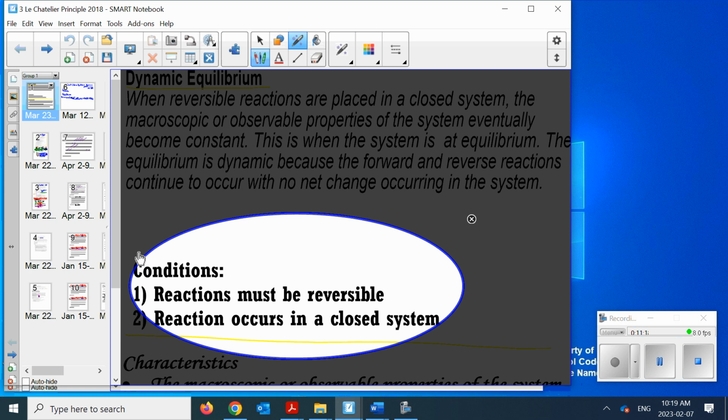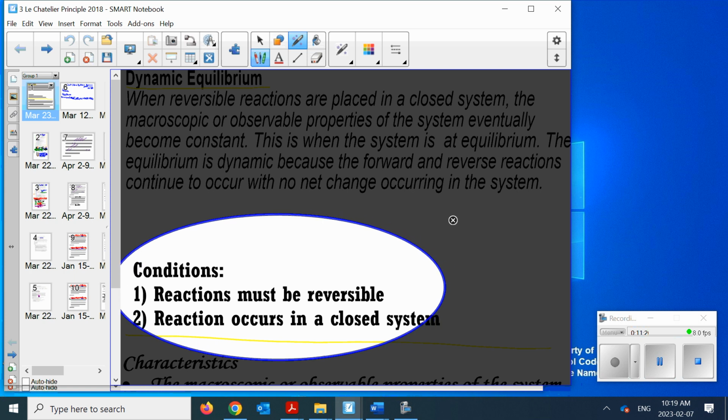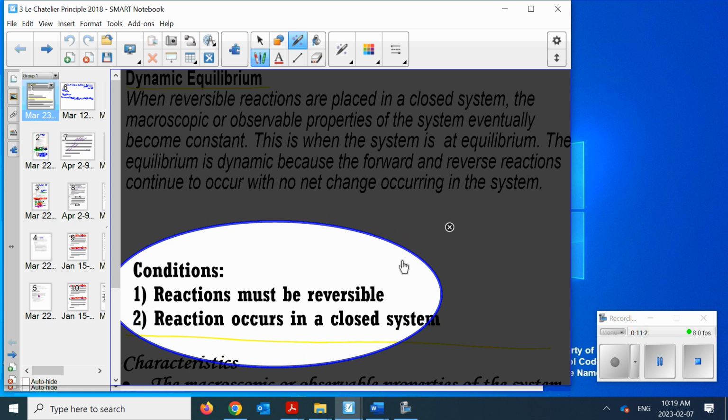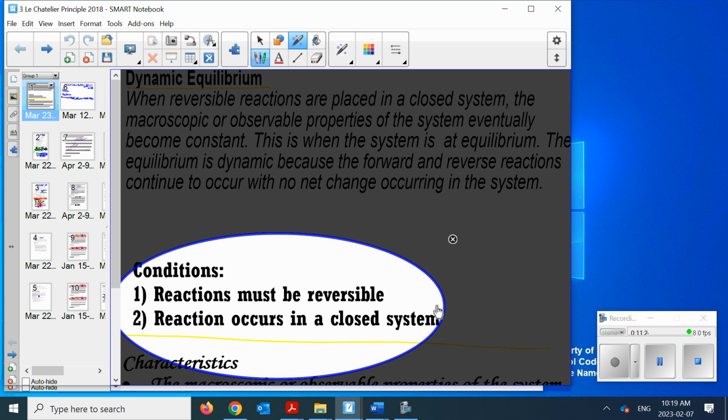Okay, give it a second. When I say reactions must be reversible, I think we're getting the idea.